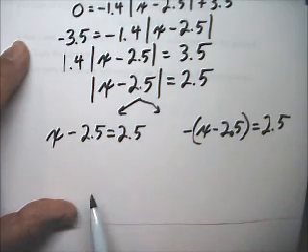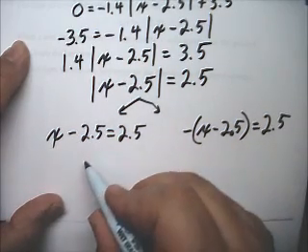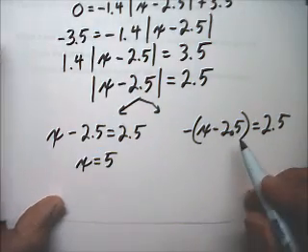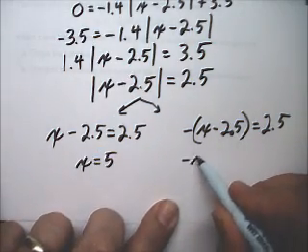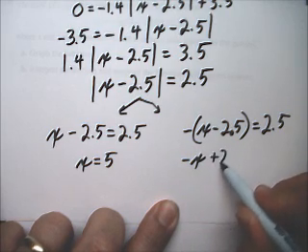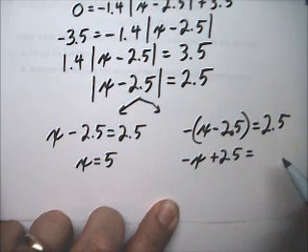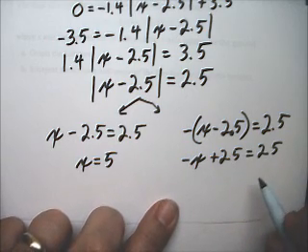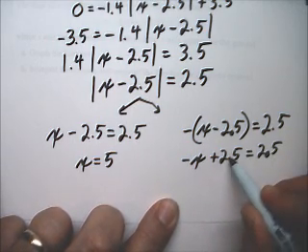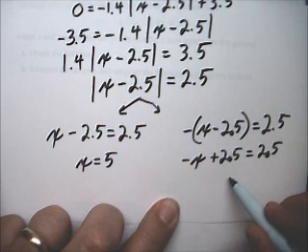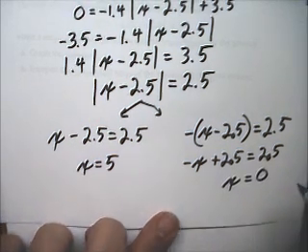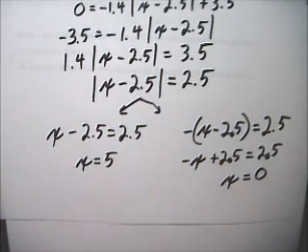Alright, we'll solve this by adding 2.5 to both sides, and we get x equals 5. Here we distribute this negative sign, we get negative x plus 2.5 equals 2.5. Now when we subtract 2.5 from both sides, we get negative x equals 0. And if negative x equals 0, then x equals 0.